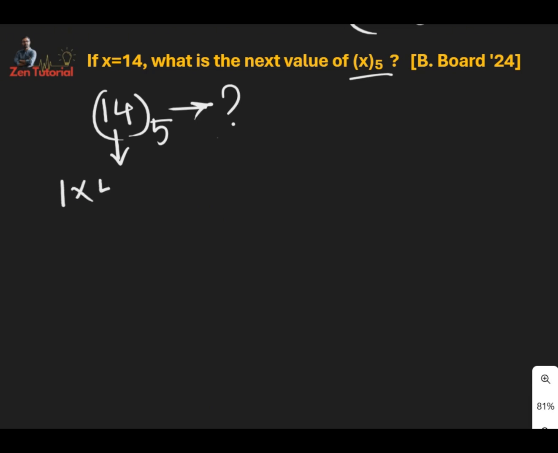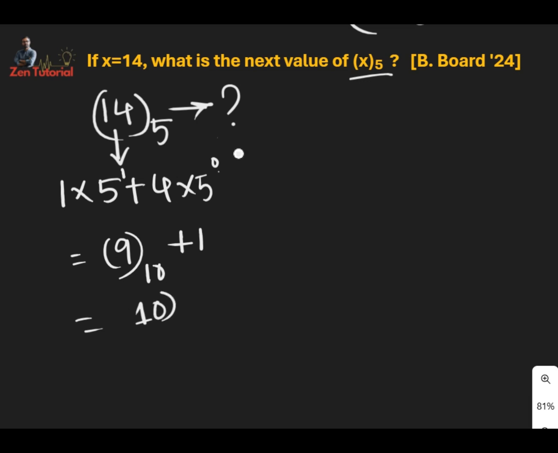Indeed, 1 times 5 plus 4 times 1, so the value will be 9 in decimal. So we have to find out the value of next. So the next value of 9 will be added with 1, so this will be 10, right? So we have to convert this value into base 5.